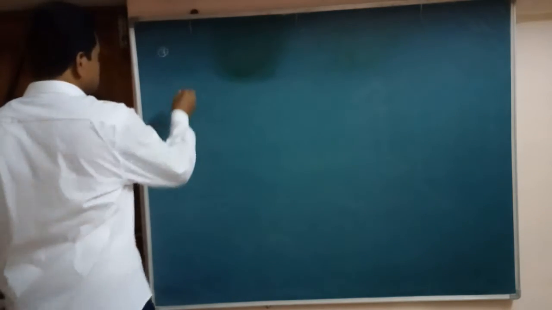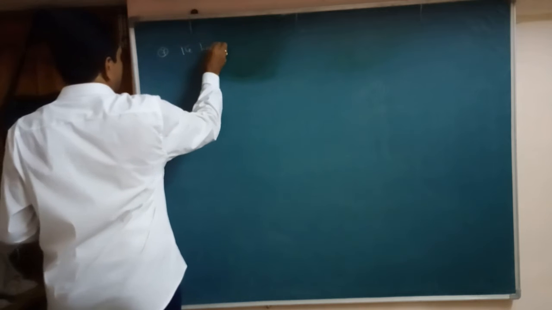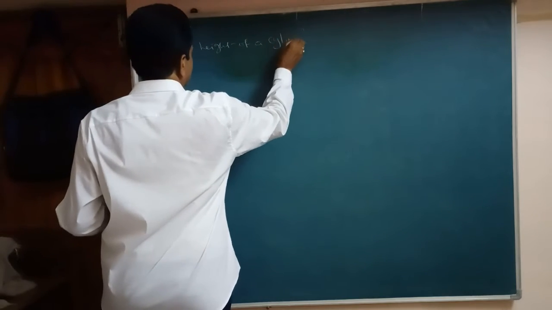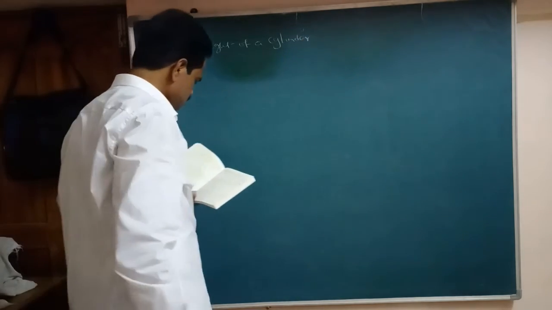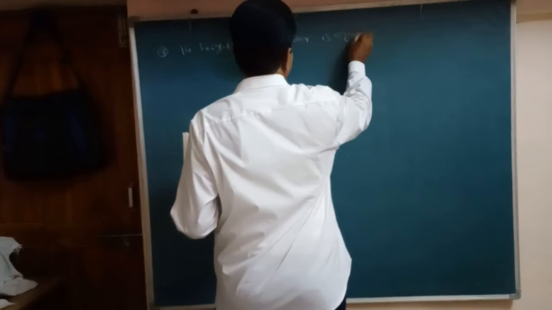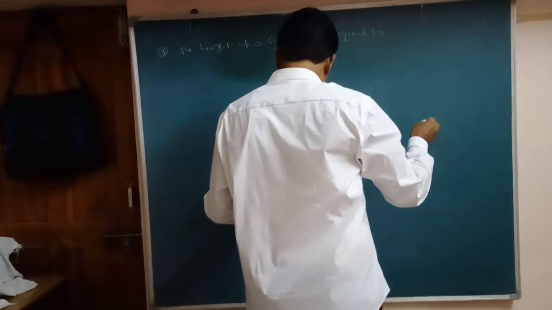Next one. The height of a cylinder is equal to the radius.